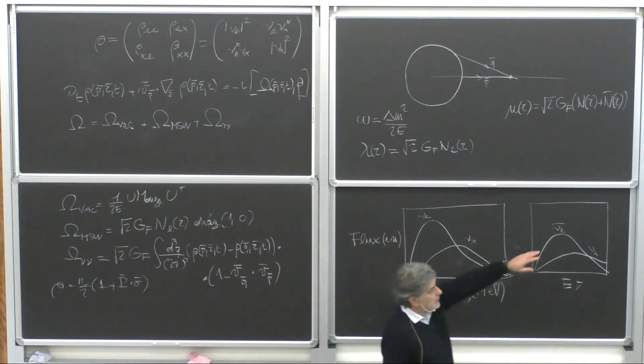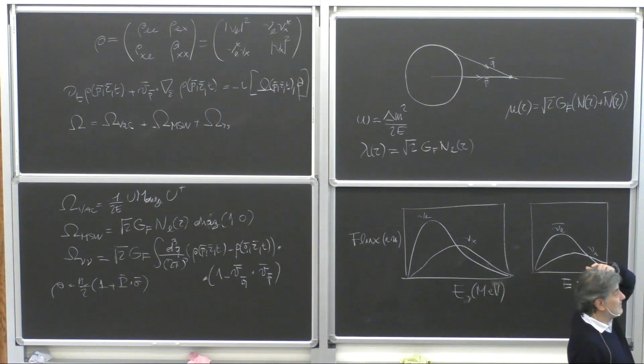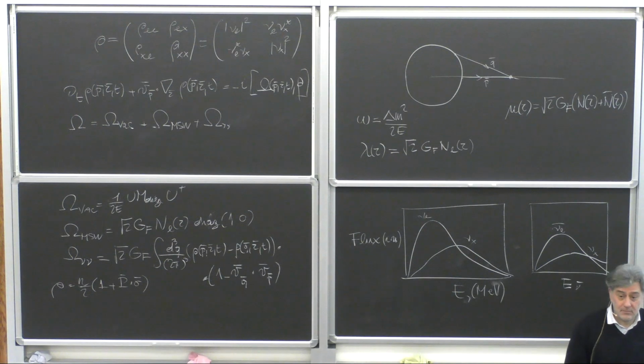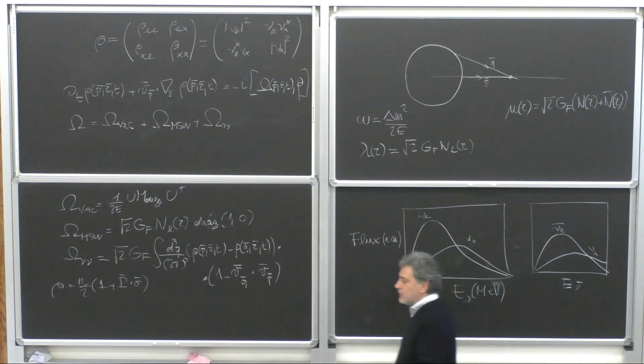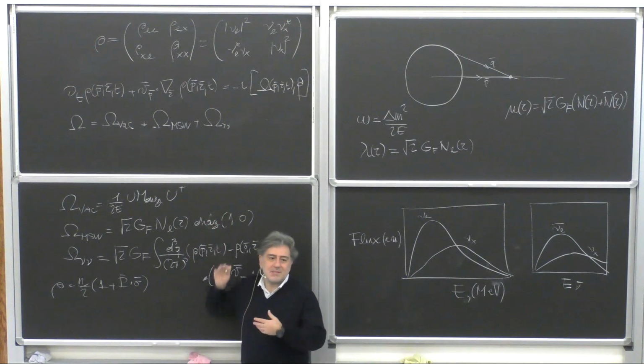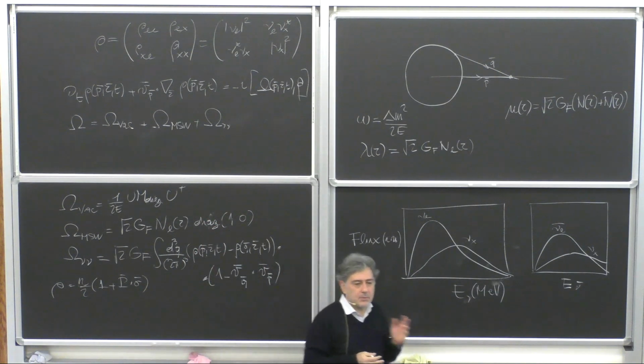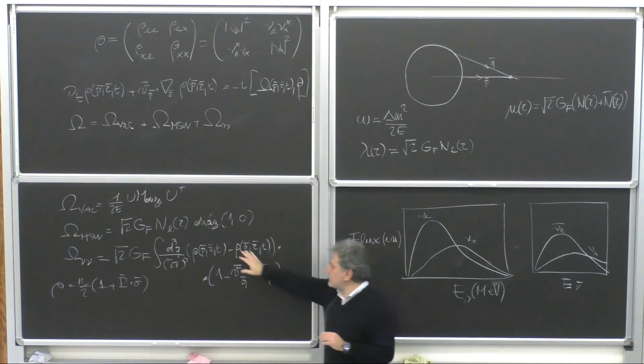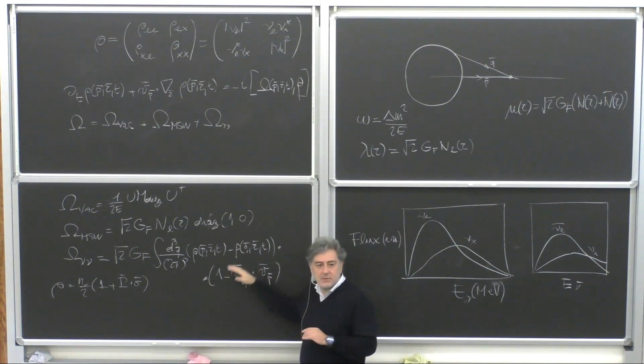Now look at the upper plots where it says single angle. What is single angle? You should study this equation for the density matrix, but this is very difficult. The first approximation you do, you take an average over these angles here.